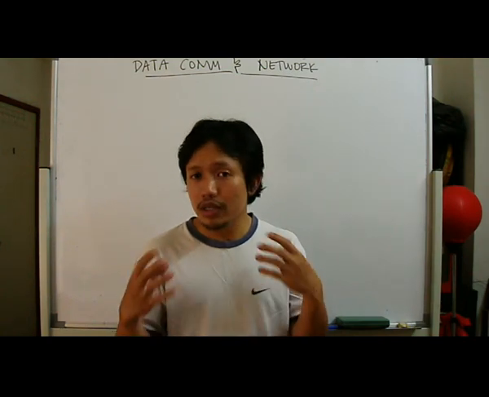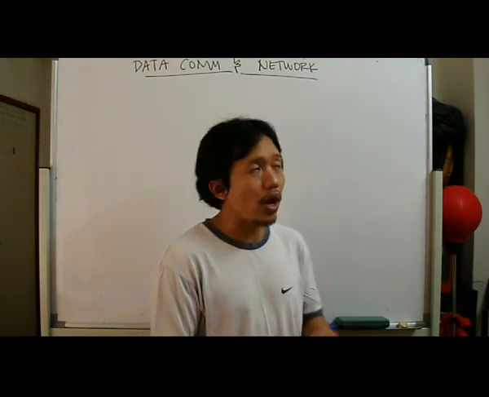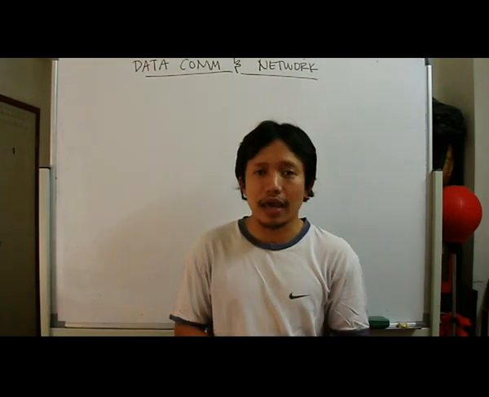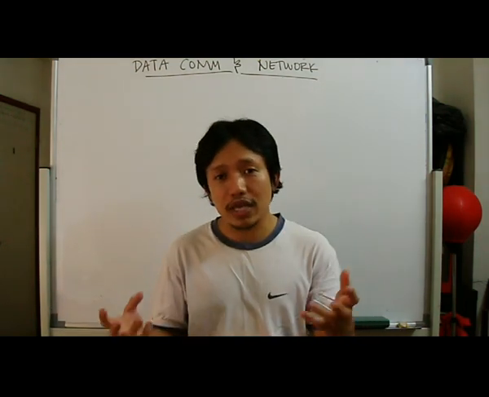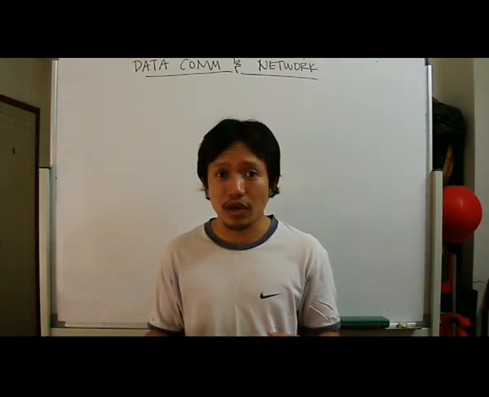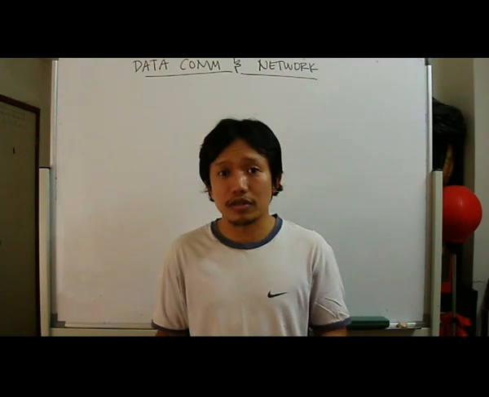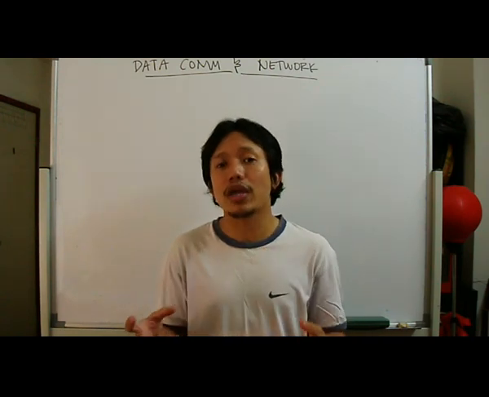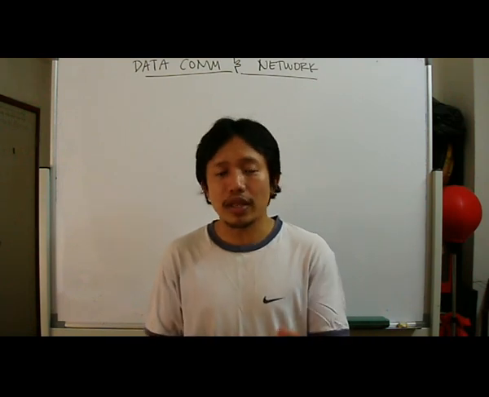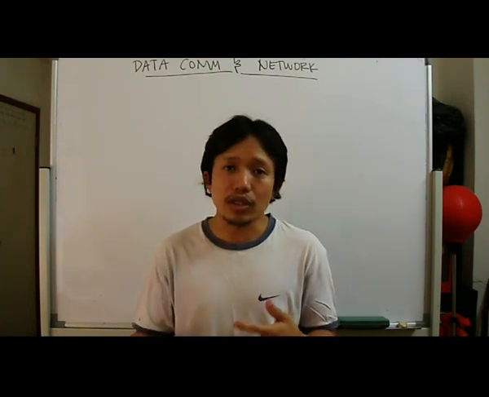Now, in the same way, when we have a look at a network, we have to think about lots of different devices connected together. They all have different operating systems. Now, when we have this kind of situation, just imagine you getting out of your home and wanting to get to school, for example.